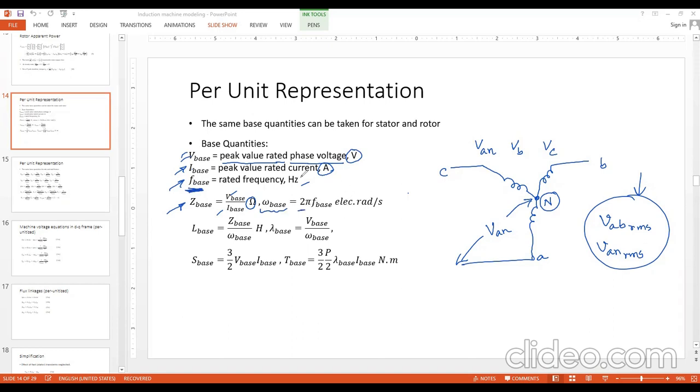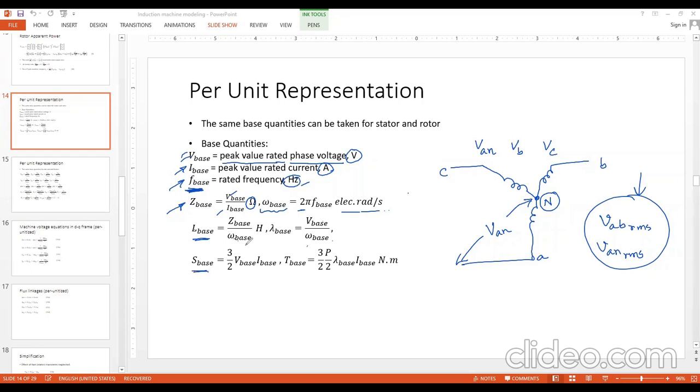And because the unit of F is hertz, the omega base unit would be electrical radian per second. L base, simply Z base by omega base, because L into omega is actually your Z. Okay. And accordingly, you can calculate L base equals Z base into omega base. Then lambda base, again, V and lambda could be related with the help of the omega. So lambda base would be V base by omega base.